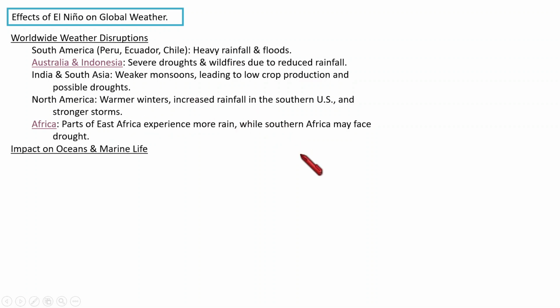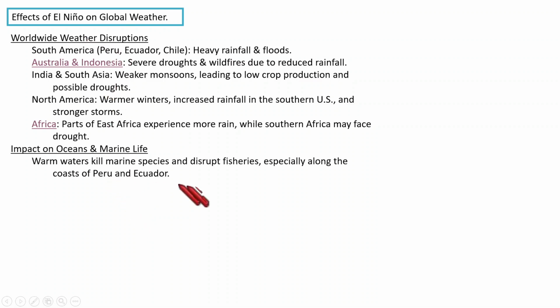Then the impact on ocean and marine life. Upwelling has stopped there because of El Nino, and this seriously impacts marine life. Warm water kills marine species and disturbs fisheries, especially in Peru and Ecuador.